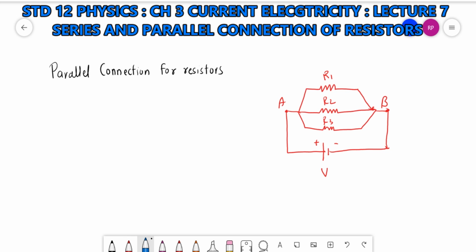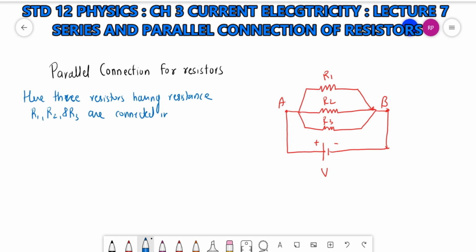So you can say that here three resistors having resistance R1, R2, and R3 are connected in parallel to a battery of V volt.